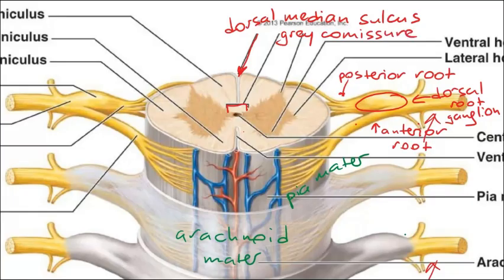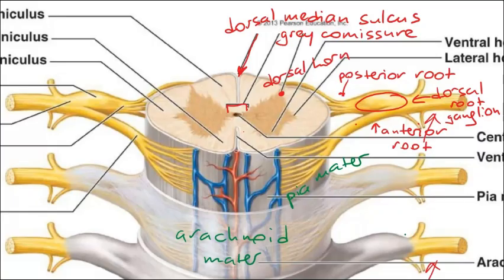I think I misspelled commissure, but double M, but you get the gist, right? So this is the structure that connects left and right sides. This is the dorsal horn, and the rest is labeled.